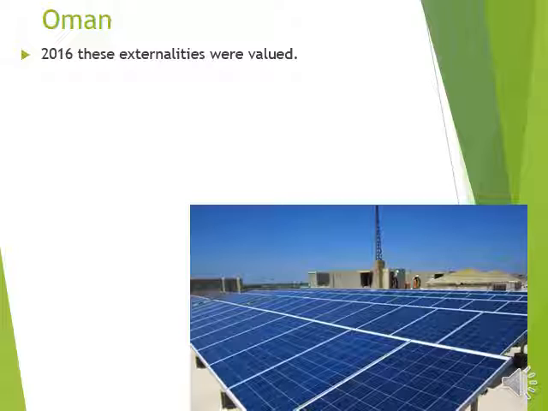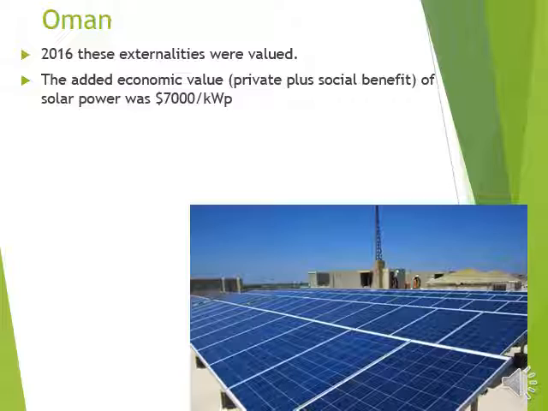So in 2016, they got me to value all of these externalities, and I worked out that the value for solar panels, the private internal benefits plus social benefits, was about $7,000 per kilowatt peak. So there's a benefit of about $7,000 for about every 6 square meters of solar panels installed in Oman.